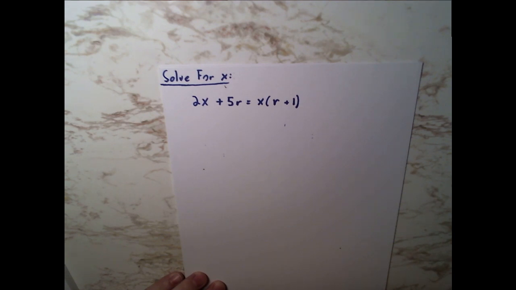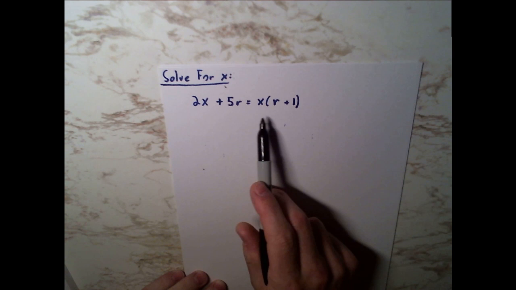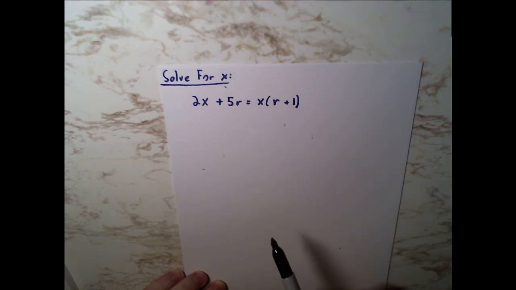So here in the instructions it says solve for x. So I'm just going to follow the steps. I'm going to expand this multiplication here, and then I'm going to just get all of my terms that have an x on one side of the equal sign, and then all of the other terms on the other.